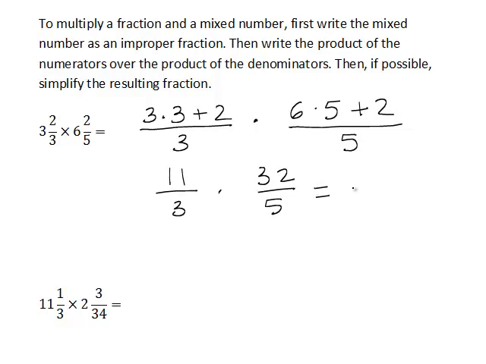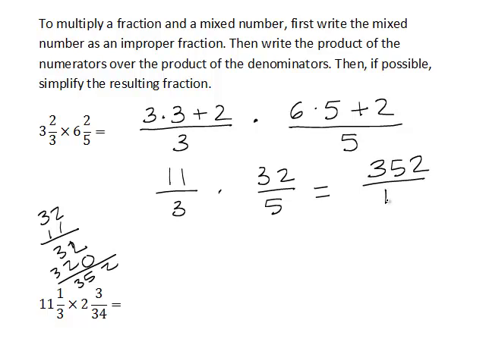So 11 multiplied by 32, we can do 32 multiplied by 11: 1 times 2 is 2, 1 times 3 is 3, we put a 0 as a placeholder, 2 and 3, this is 2, 5, 352, 352 over 15.